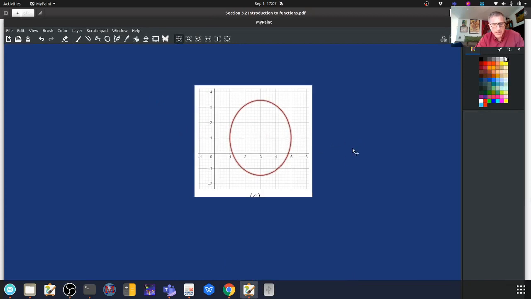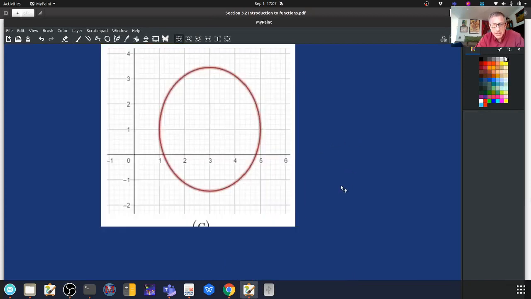Okay. So here we're going to have to be careful. What we want to do is find the domain and the range. The domain has to do with what area of the x-axis would be shaded if I had a light shining up this way and a light up above it shining down.